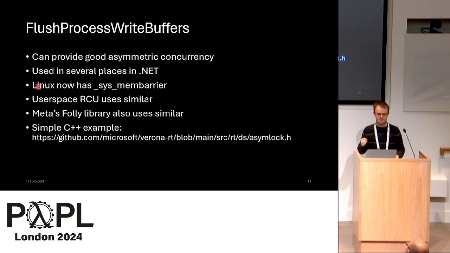It's also, I believe, used in places in Meta's Folly library, which I think there's people in the audience who can correct me if I'm wrong there. But we have a really simple example in some code I've written, just as an asymmetric lock where one side of a lock is really cheap and the other side is really expensive, and you can use that as a primitive to build all this stuff on top of. It's just kind of quite useful.